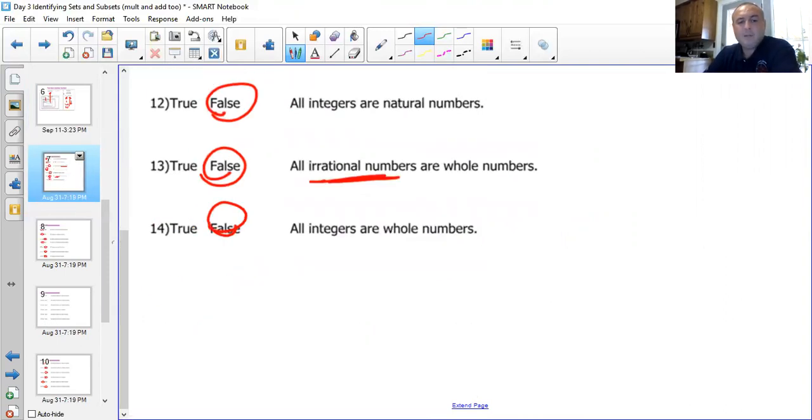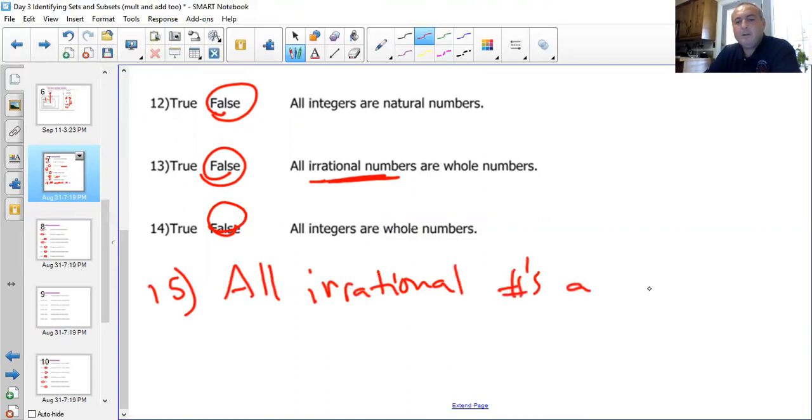How about a little bonus question? All irrational numbers are real. True, false. Now remember, every number that I show you is going to be real. I don't have the power to make fake numbers.